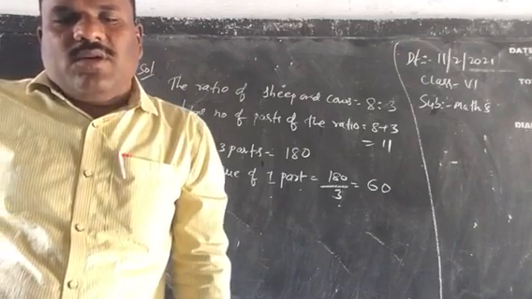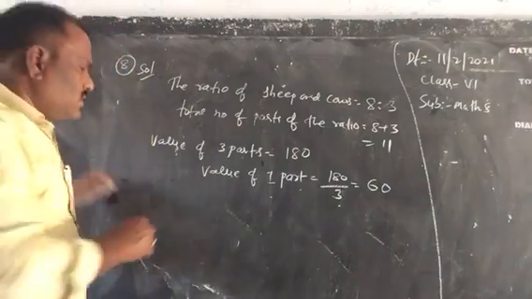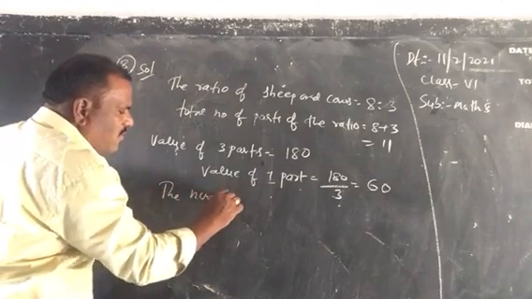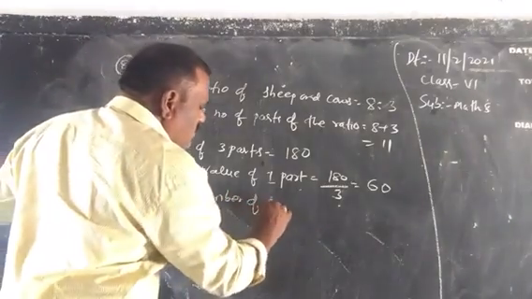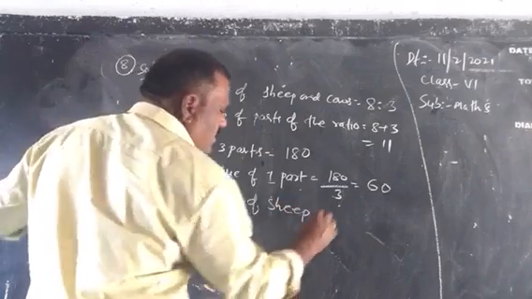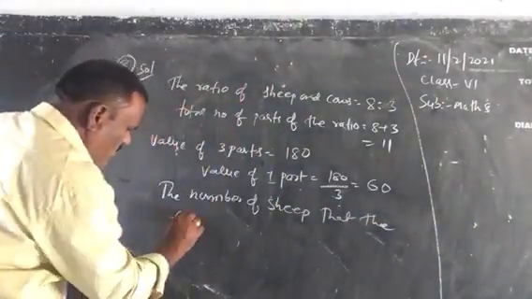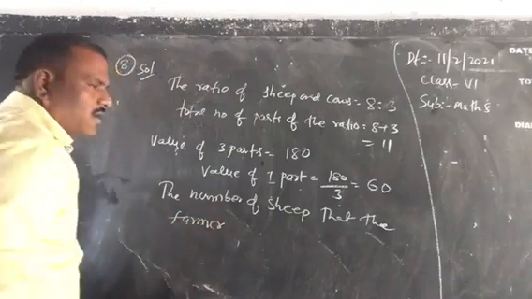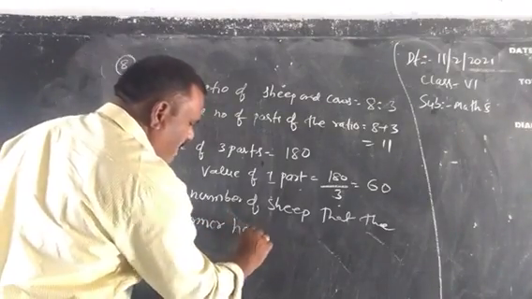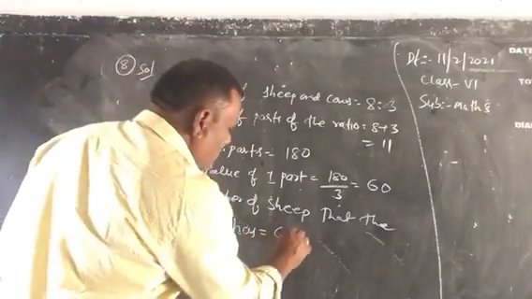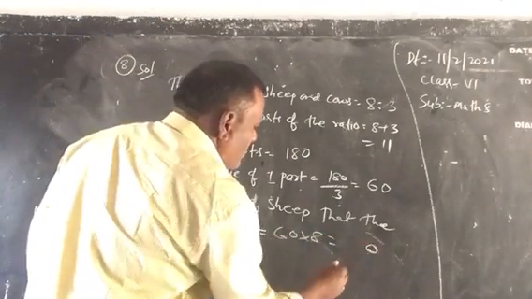Now the number of sheep that the farmer has, children: 60 into 8 equal to 480.